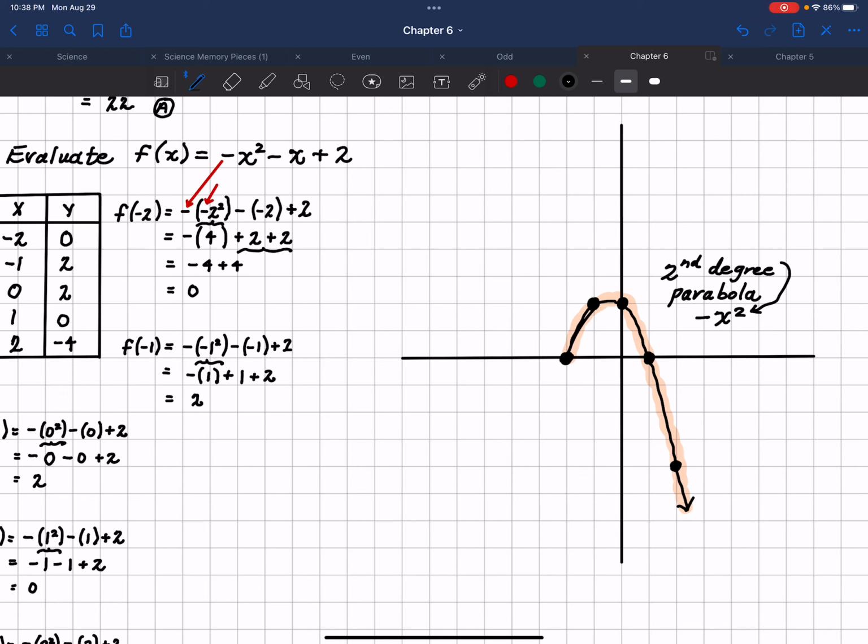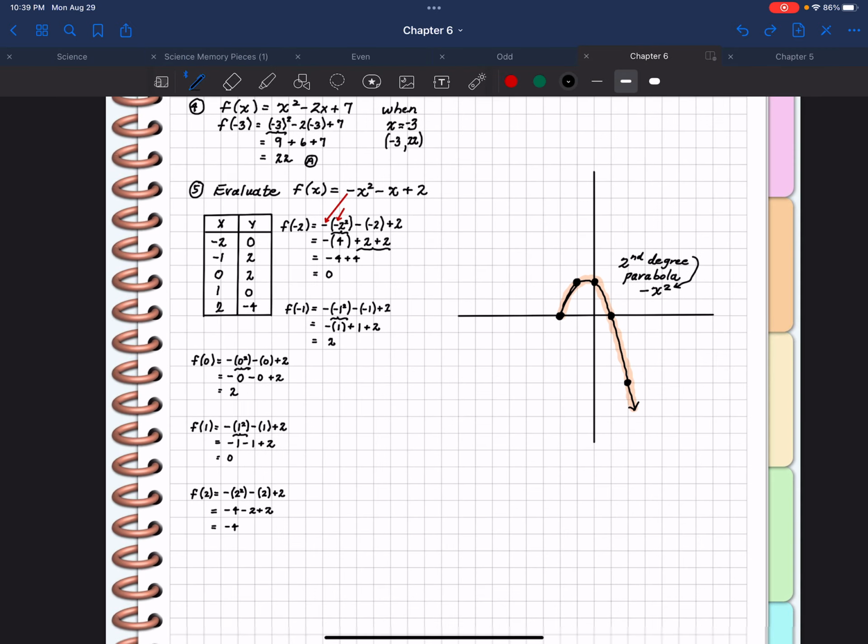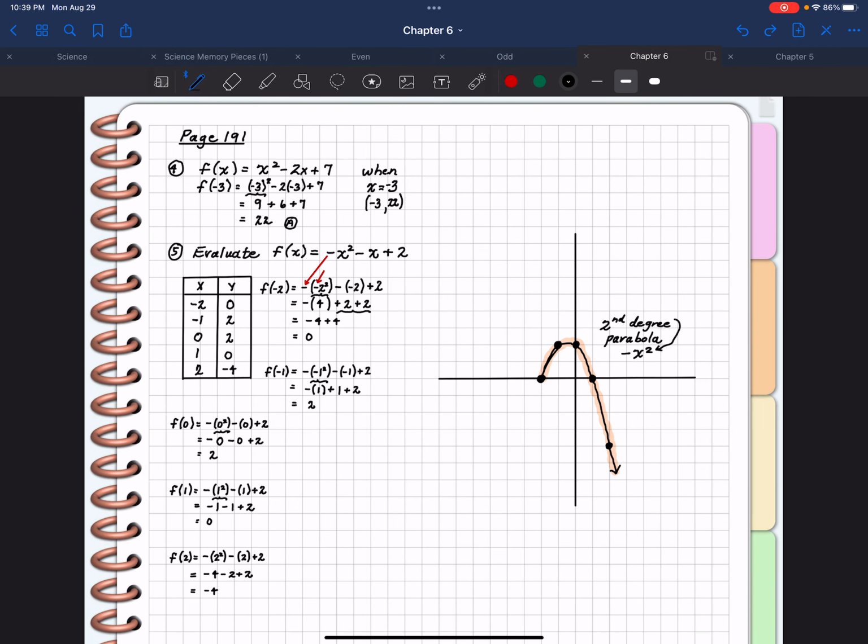If the x squared term were positive, the parabola would open this way. It would make a U shape. But this is a negative parabola. Okay, I think that's all for those two, and I think I'll stop the video before we graph the piecewise function.